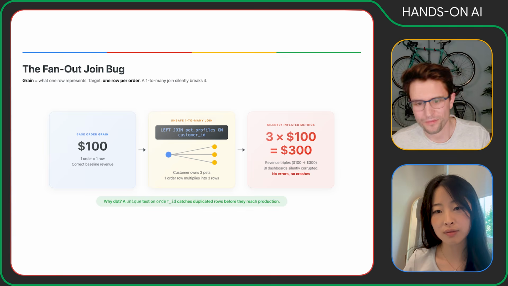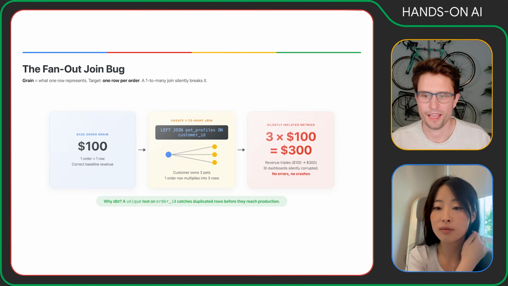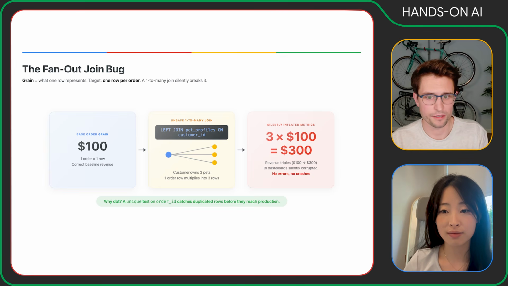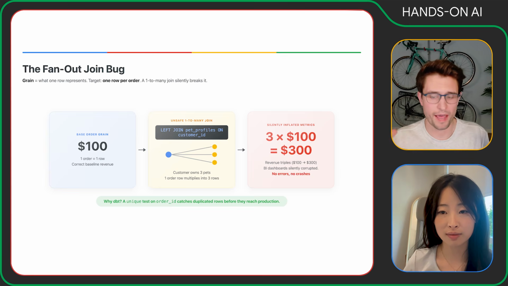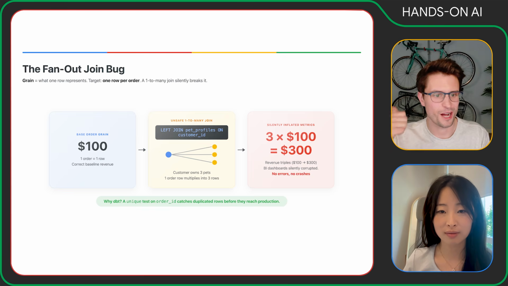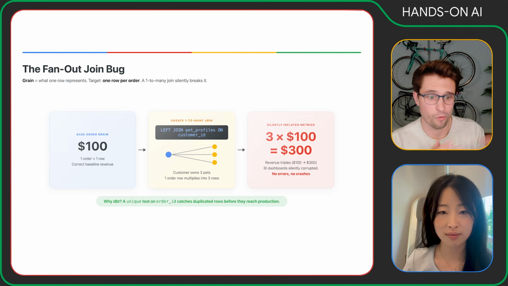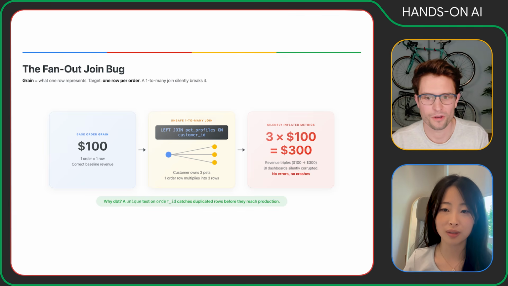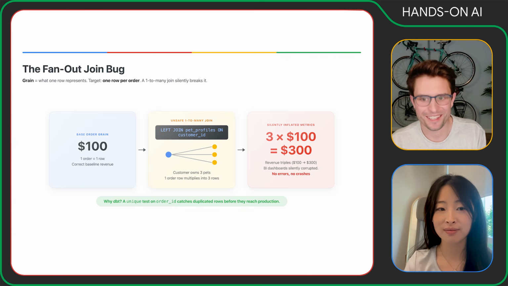So imagine an order that I made, a $100 order, and imagine that I own 3 pets. If I do a standard SQL join connecting my $100 order to my pets, and I have 3 of them, that could duplicate my order into three new rows. So $100, $100, $100. All of a sudden, our revenue looks like it's $300 instead of a $100 real order. So that's definitely a problem, and that's a really big problem that our CFO would not be happy with.